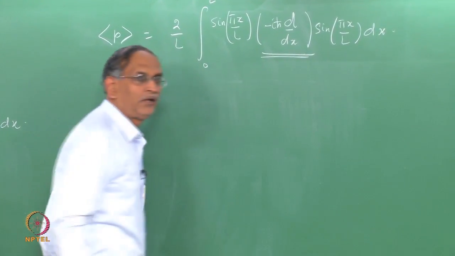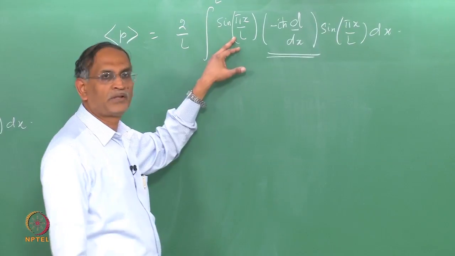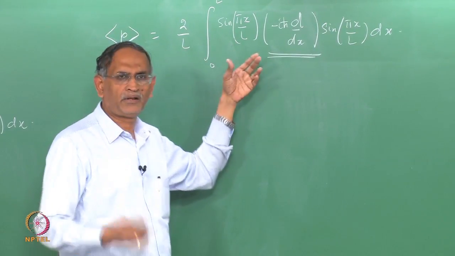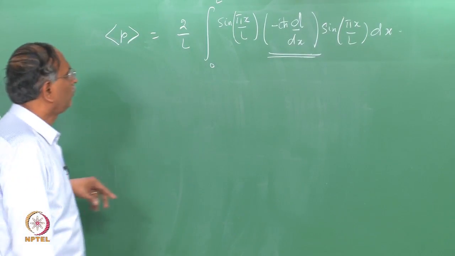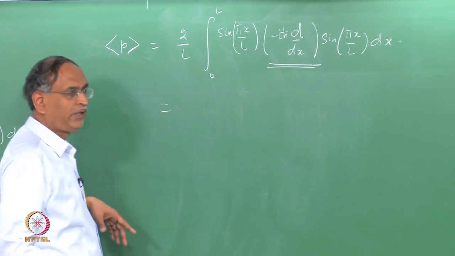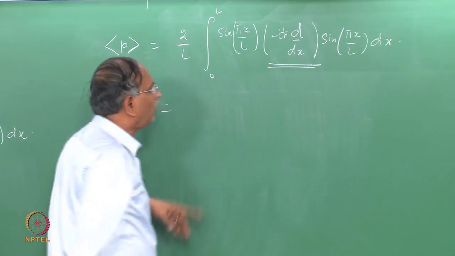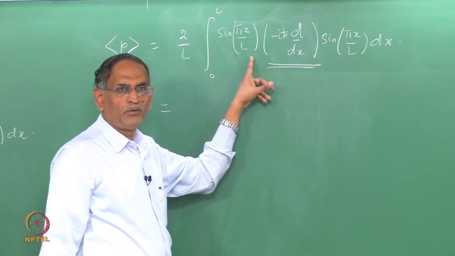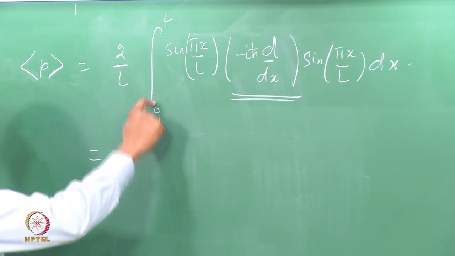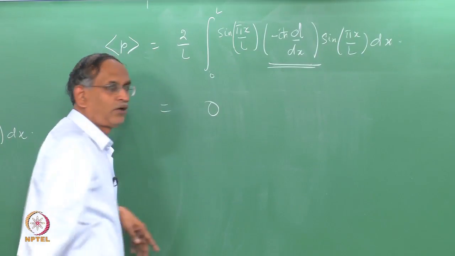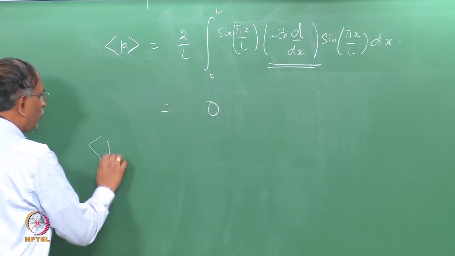See that the operator is sandwiched between the wave function and the complex conjugate of the wave function, but here the wave function is real, therefore you do not see the difference between the two. What is this? It is very easy to see that the derivative will give you a cos, and a sine cos will give you a sine 2 pi x by L, and that in this interval is actually 0.